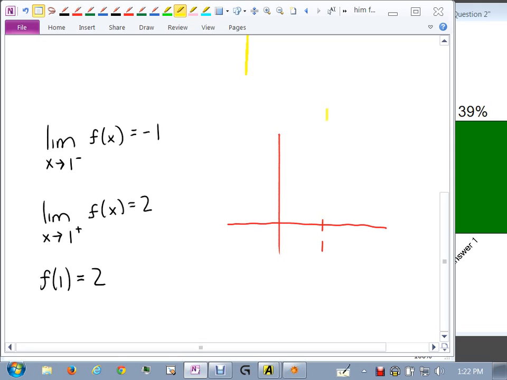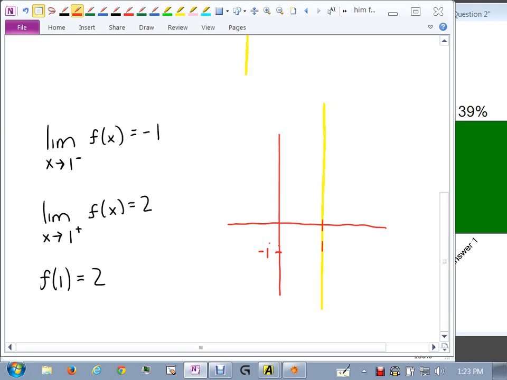I imagine that there's some vertical imaginary line here. When I'm approaching that value from the left side, the negative means from the left, I need to be headed towards what y value? -1. So I'm going to show where -1 is over here.